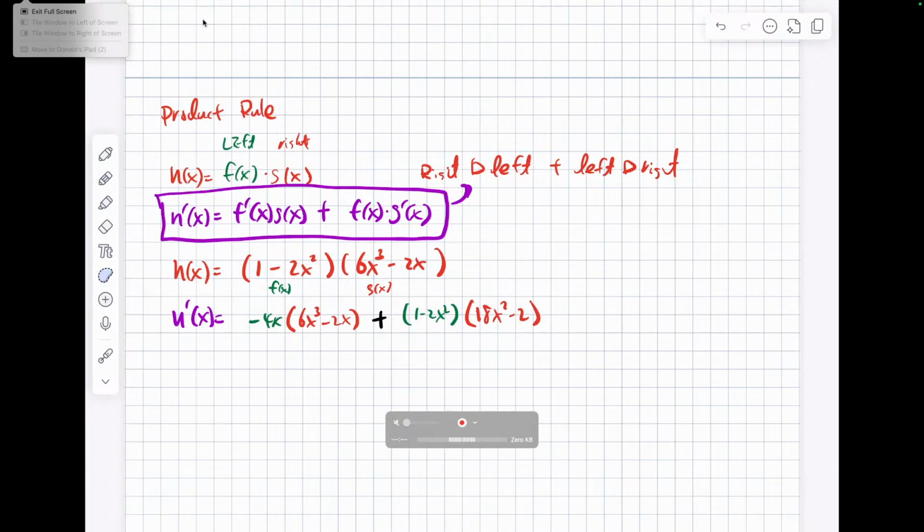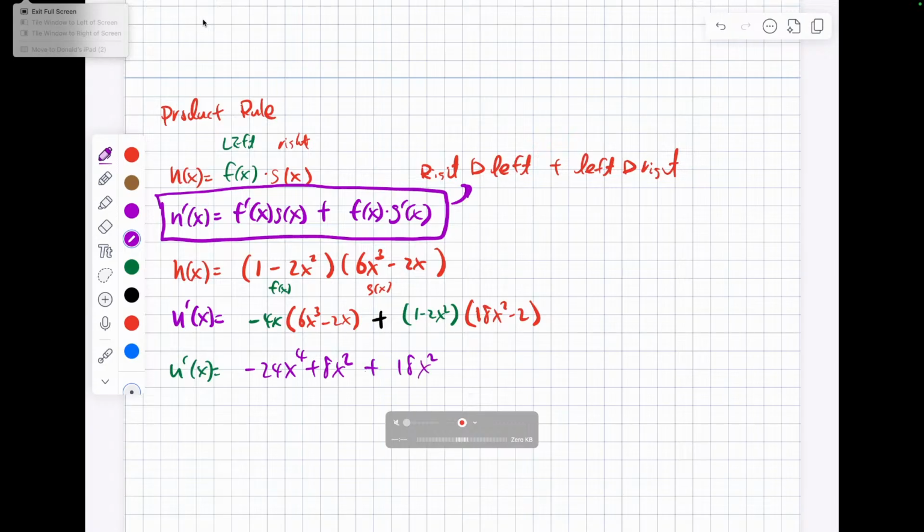Now I can go ahead and simplify if I wanted to. So h prime of x is equal to negative 24x to the 4th plus 4x squared, and then plus 18x squared minus 2, plus 36x to the 4th plus 4x squared.